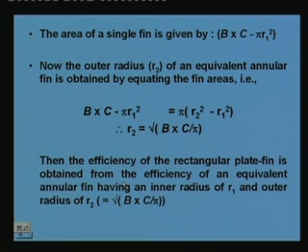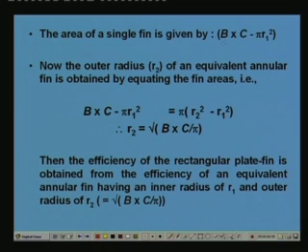The area of a single fin, if you look at the earlier picture, is given by B into C minus pi r1 square, where B and C are the breadth and height of the rectangular fin, and r1 is the inner radius of the annular fin. So, you have the annular fin like this. This is r1 and this is r2. r2 is not known to us.